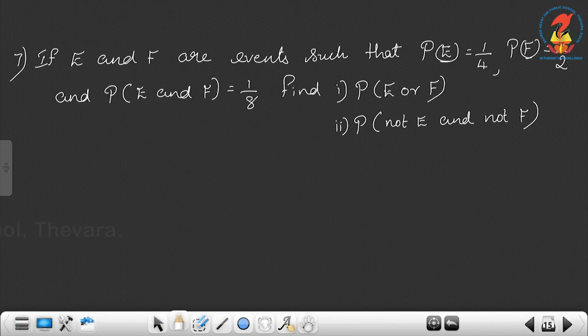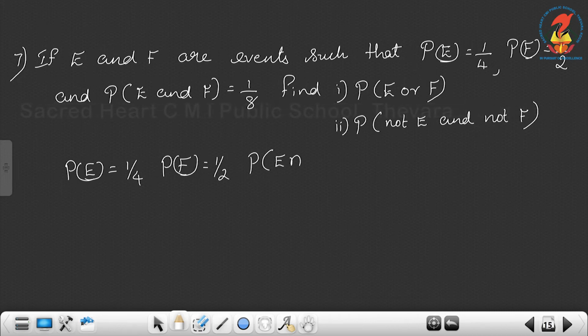The next one. If E and F are events such that P of E, P of F, P of E and F. E and F means intersection. Then find P of E or F, P of not E and not F. So, P of E is given, P of F is given, then P of E intersection F is given.